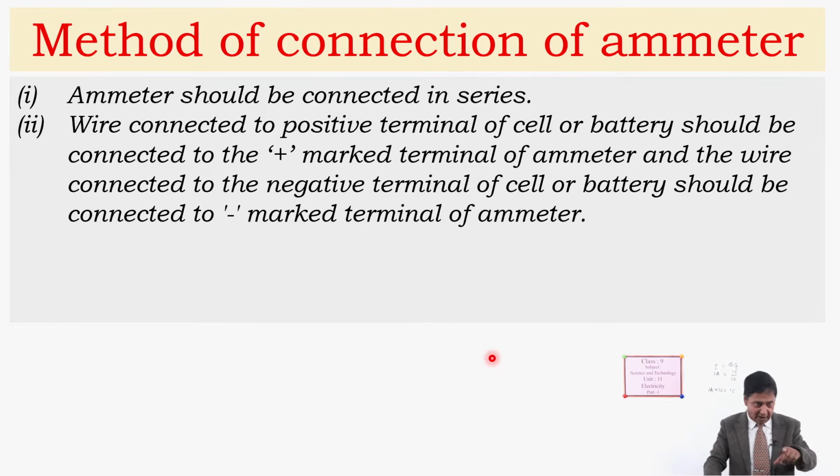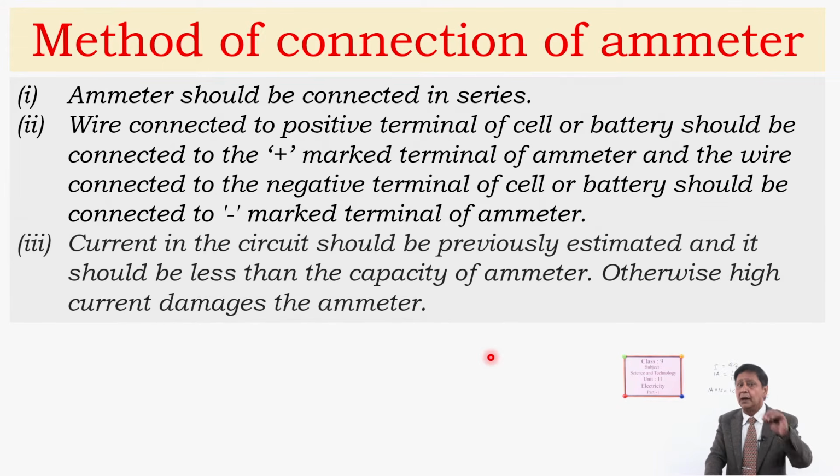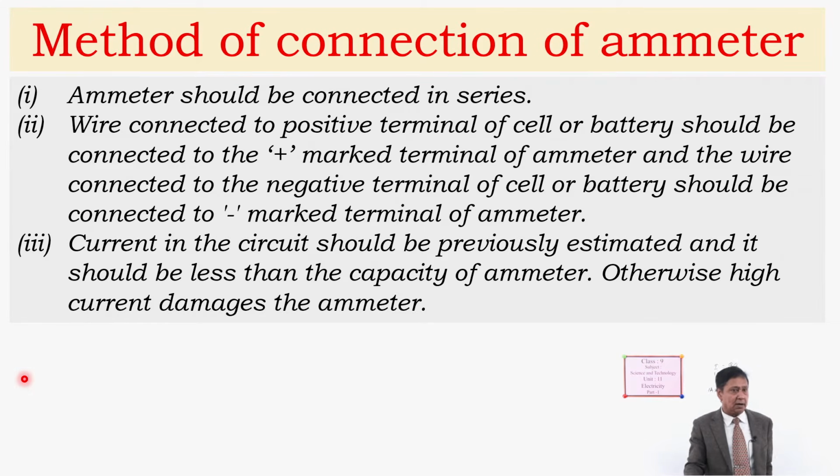We will measure after this study, I mean to say after the method of connection. Current in the circuit should be previously estimated, and it should be less than the capacity of the ammeter, otherwise high current damages the ammeter.